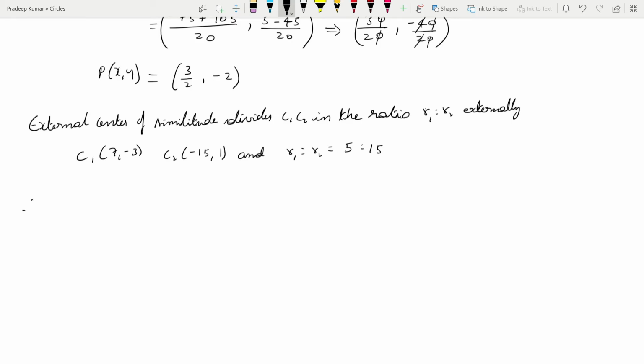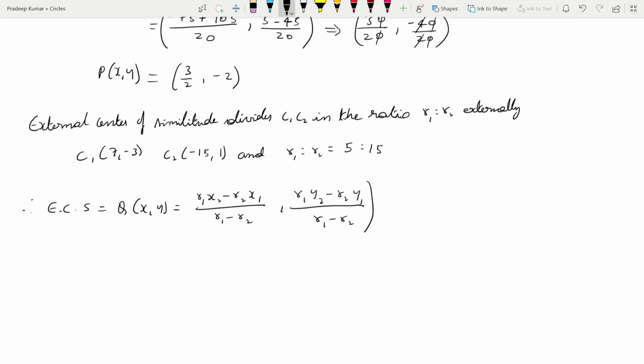Therefore the external center of similitude, which we can call the point Q. Qx comma y, we'll write it as R1x2 minus R2x1 by R1 minus R2, and this is R1y2 minus R2y1 by R1 minus R2. So let's substitute these values. This has x1, this has y1, this is x2, this is y2, and these are the R1, R2 values.